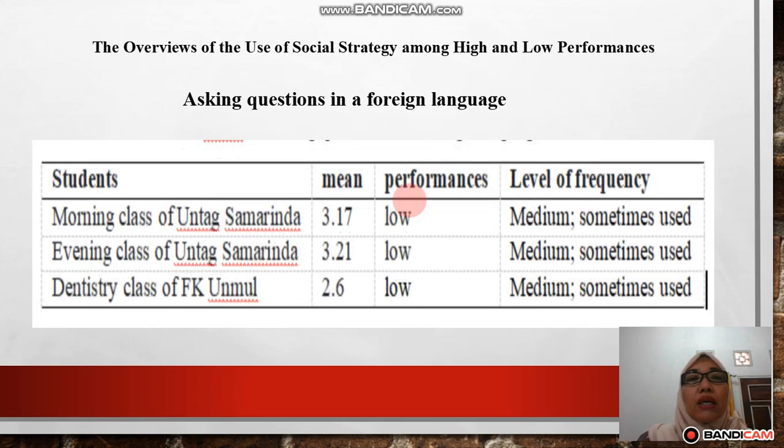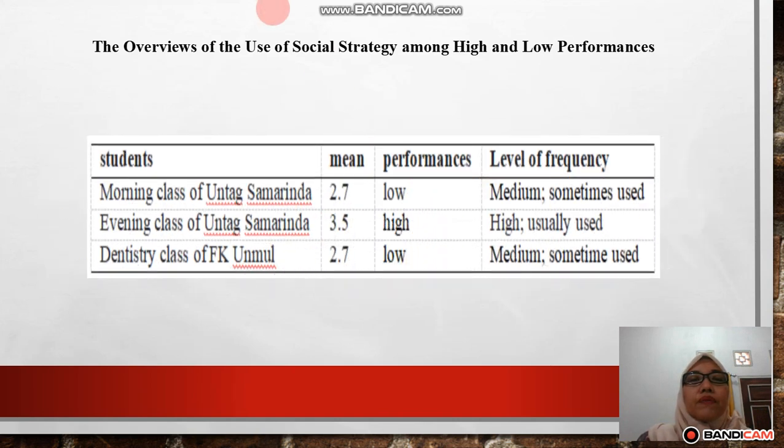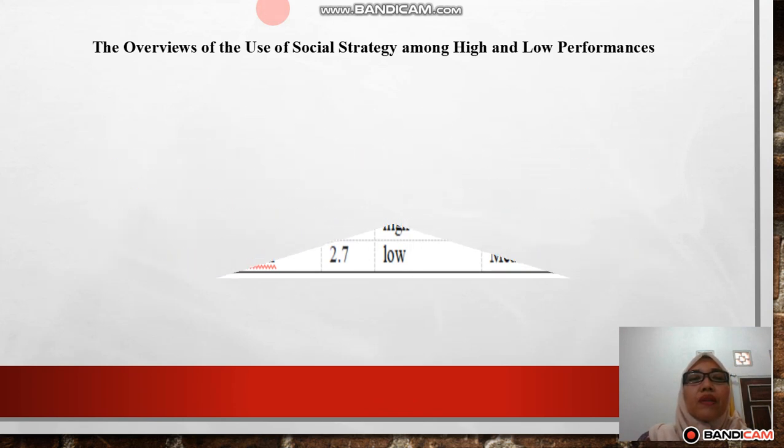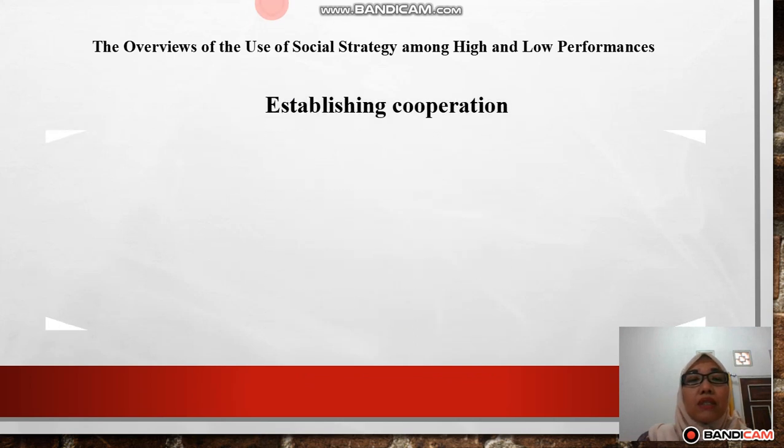It is activity 1, asking questions in a foreign language. We can see the data, and this is the activity in receiving answers. We can see the data, and it is the activity in correcting mistakes. We can see the data, and it is establishing cooperation. We can see the data.